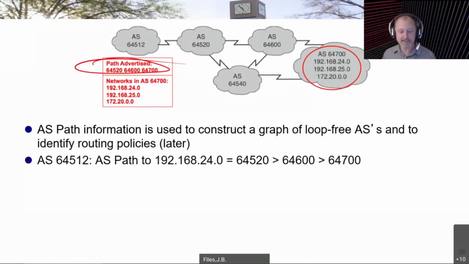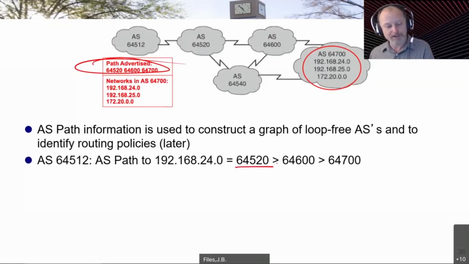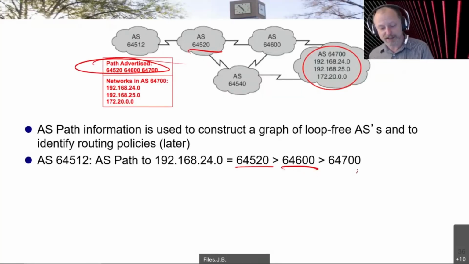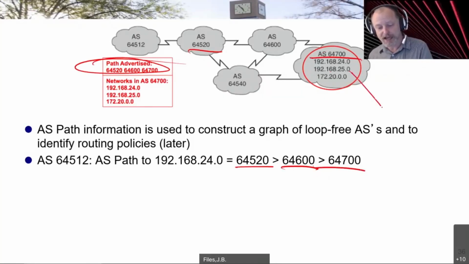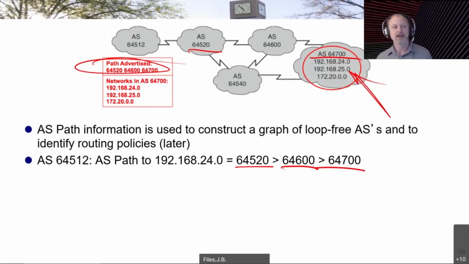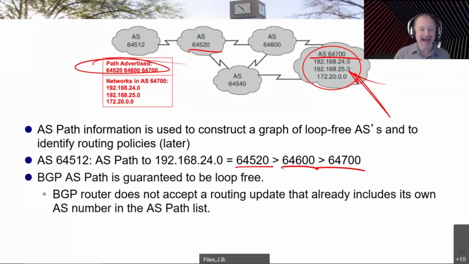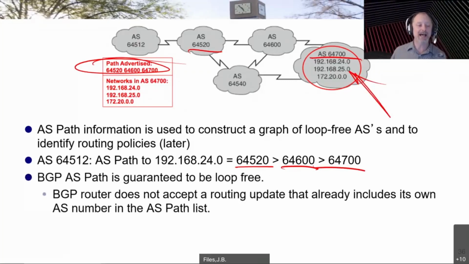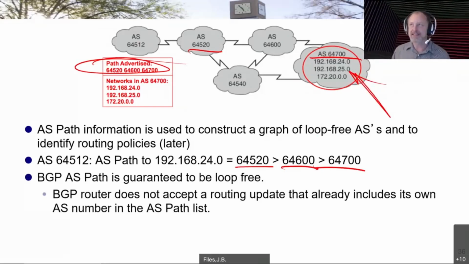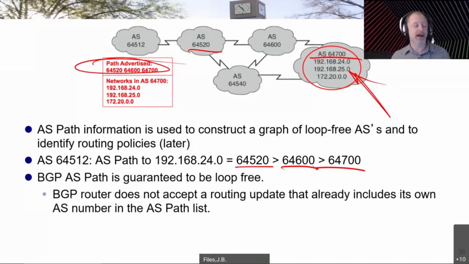So, but in this case, you know, we're going to go to 64,520, then 64,600, then 64,700, and then of course to whatever the subnet is that we're trying to get to. Okay. No BGP router will accept a path that already has its own autonomous system number in it. Okay. And that's the same. So when you're talking about a routing protocol, doesn't matter what it is.